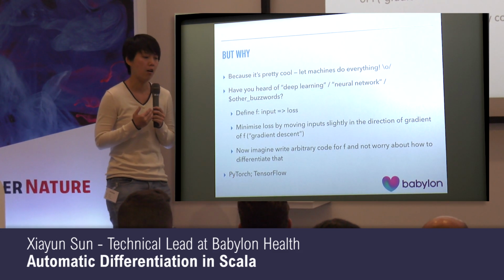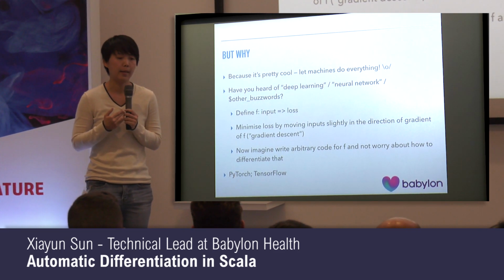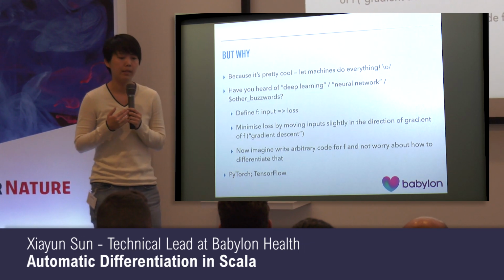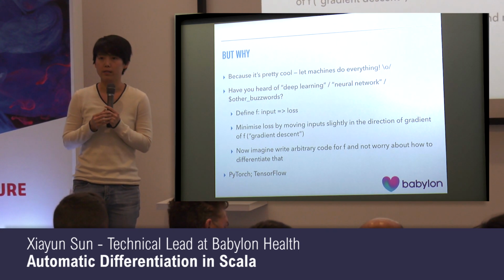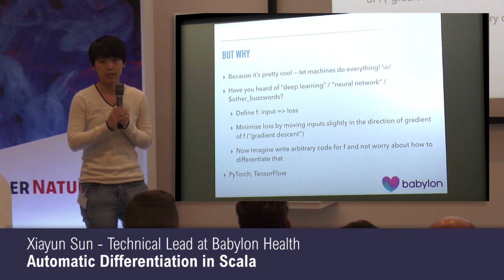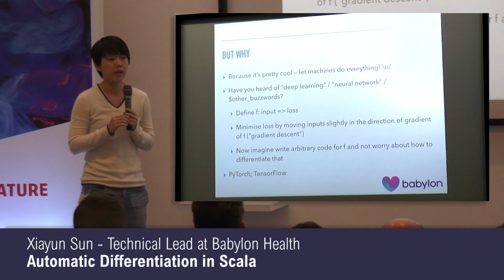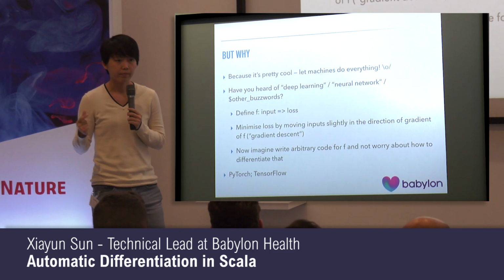If you don't know how machine learning or deep learning in general works, there is a fancy term called gradient descent, but it's basically you are following the derivative downhill to minimize your loss. And you stop when the loss is within a certain threshold. So the critical part here is you need to know the derivative of your whole architecture.